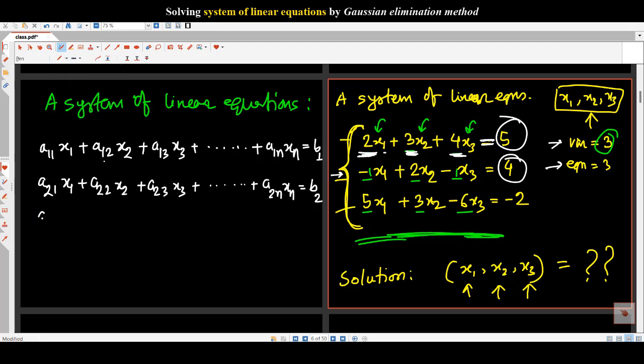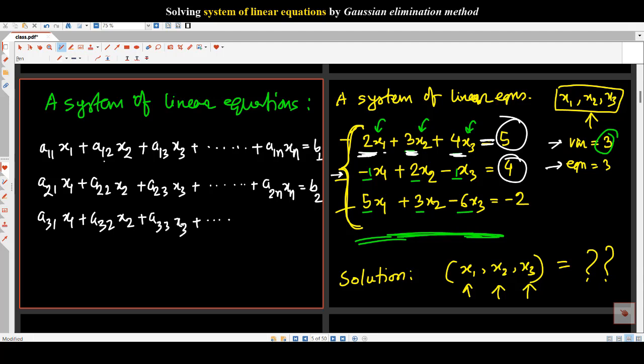So similarly, let's say we have a31 x1 plus a32 x2 plus a33 x3 plus a3n xn equals b3.